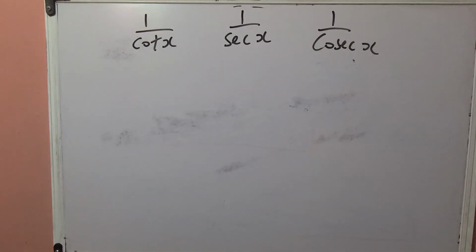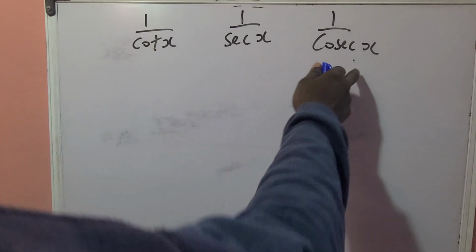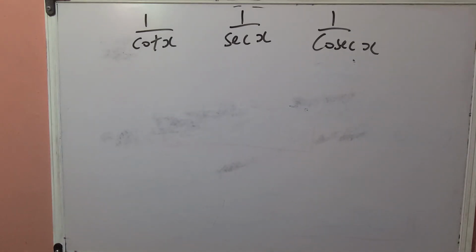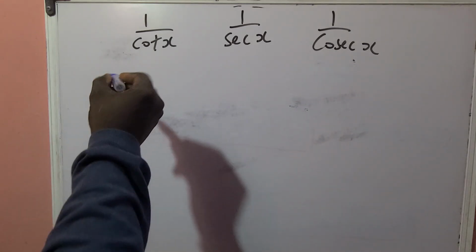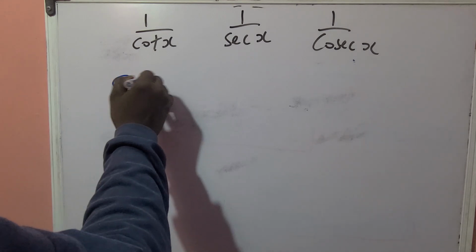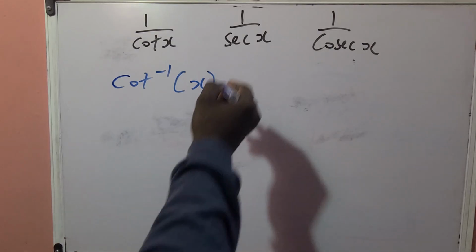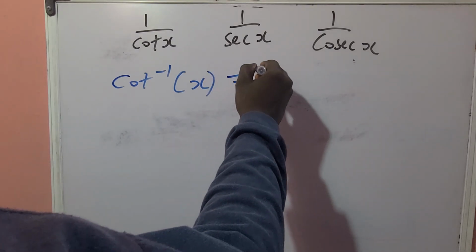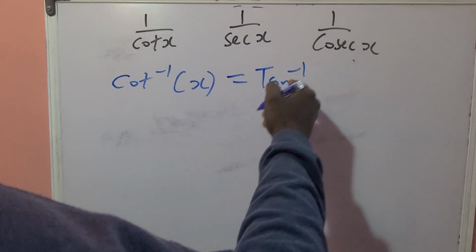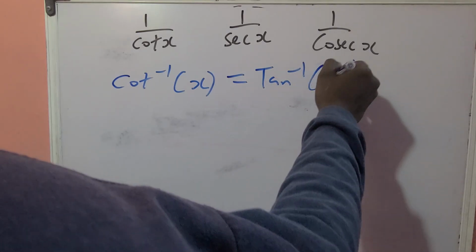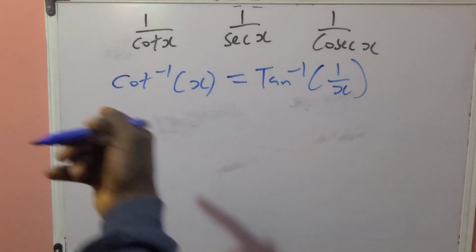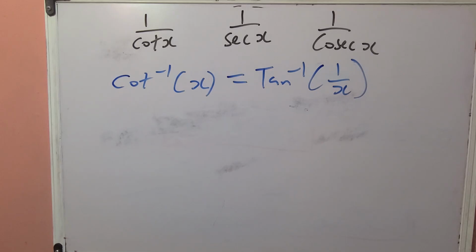So if you go on to examine this for the 3 different reciprocals, you will notice that whenever you have the arc cot of a particular number, let's say x, the arctan of the reciprocal of that number will be the result.